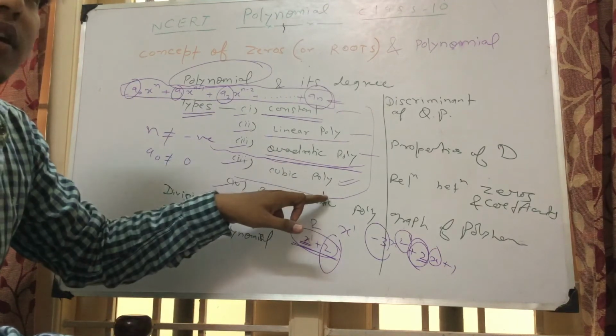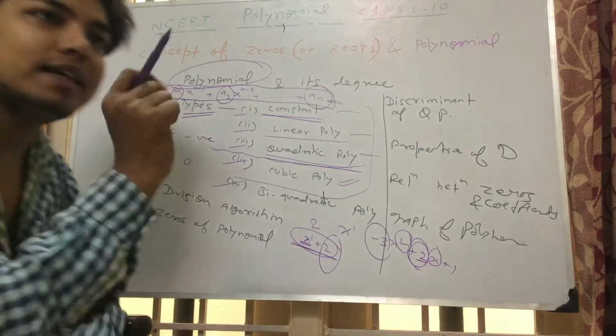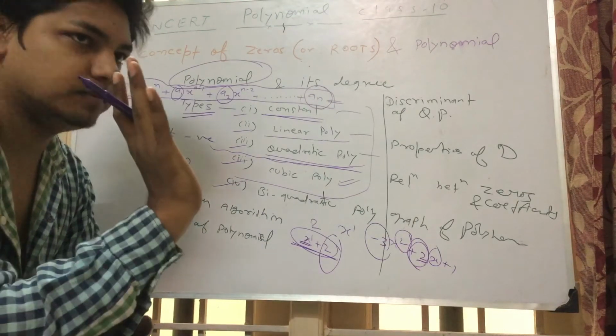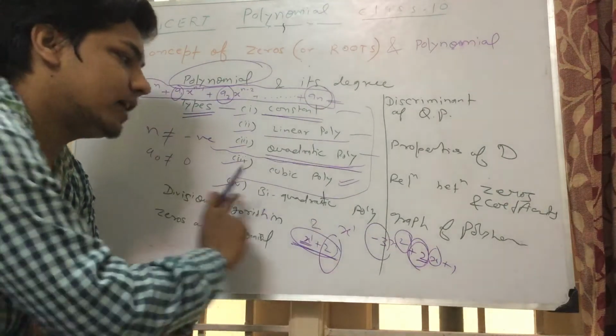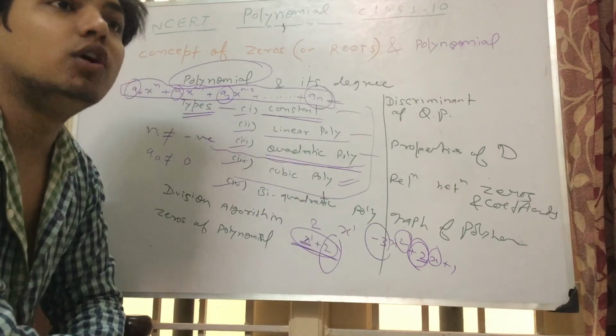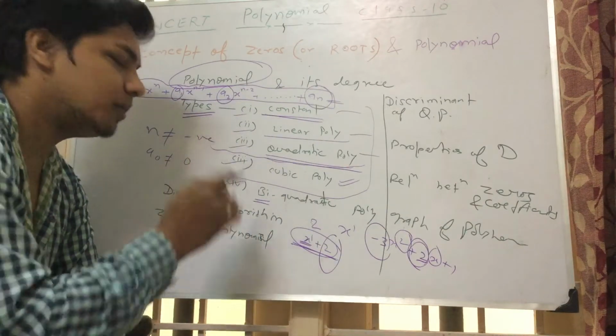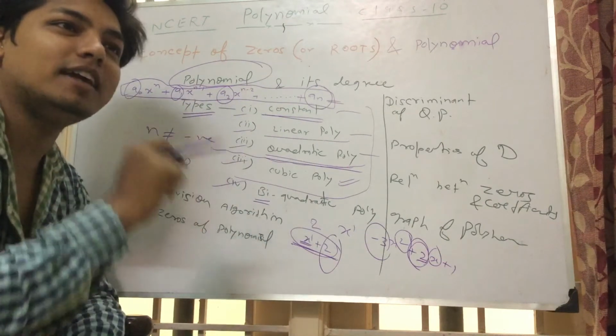Now what is a cubic polynomial? In a cubic polynomial, the maximum power of x should be 3. That's all, done. Now what is a biquadratic polynomial? Maximum power 4. Bi means 2. Okay, it's not BUY, purchase, it's BI.